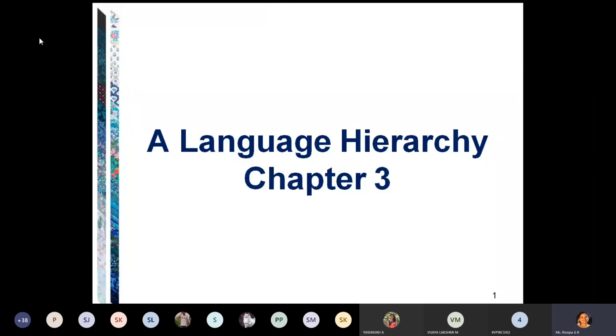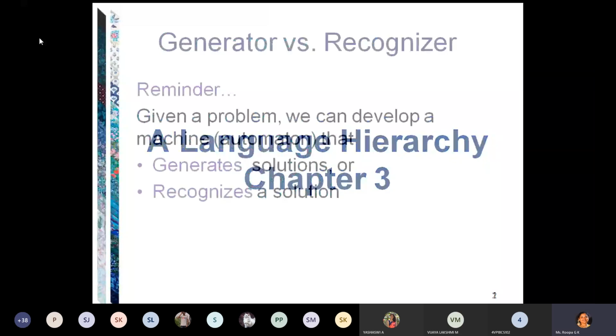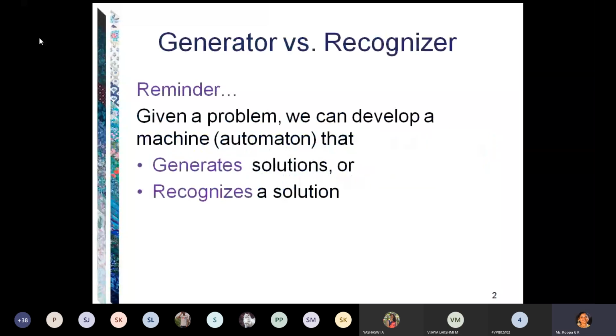Assume that we are given the definition of a language L, for example strings consisting of an even number or odd number of something, and a string W. You are given the language and the string. Then we must answer the question, is W in L?